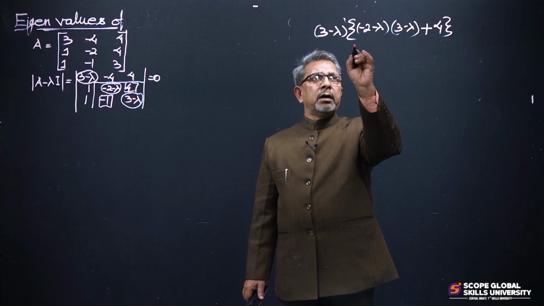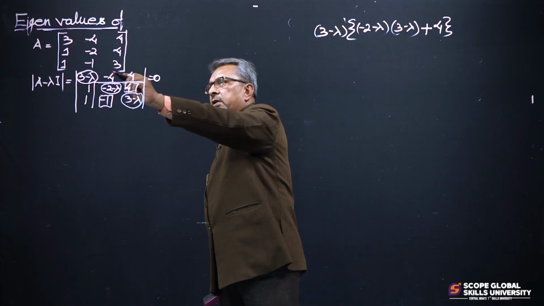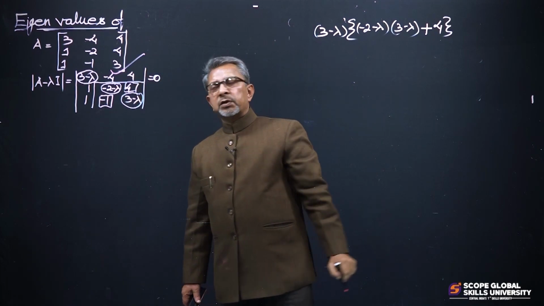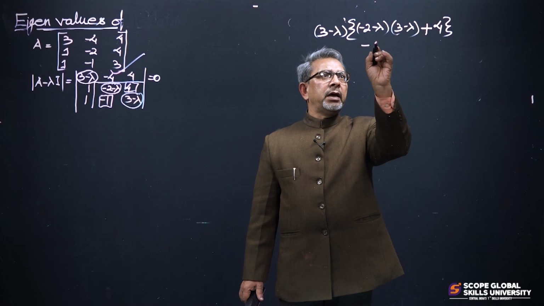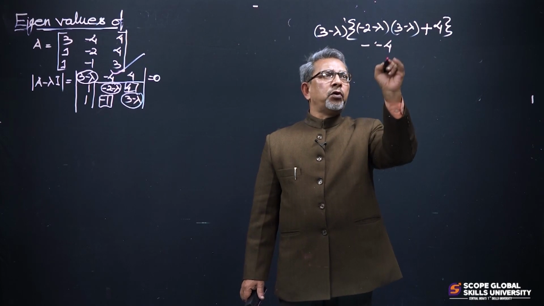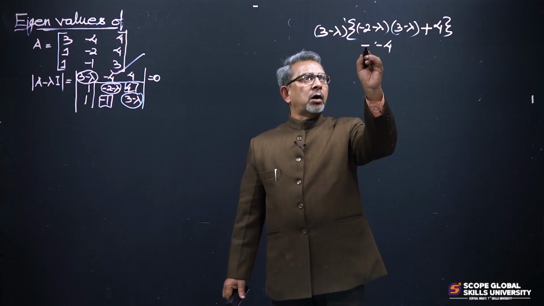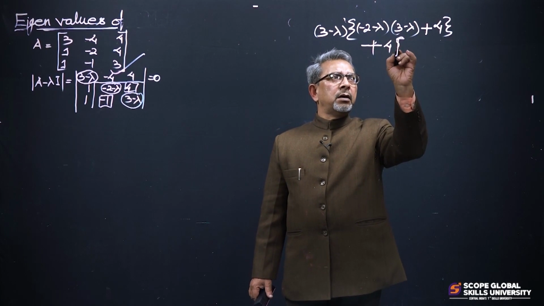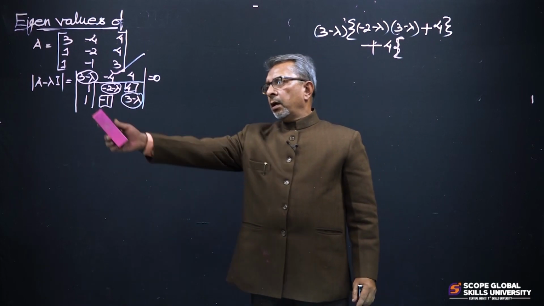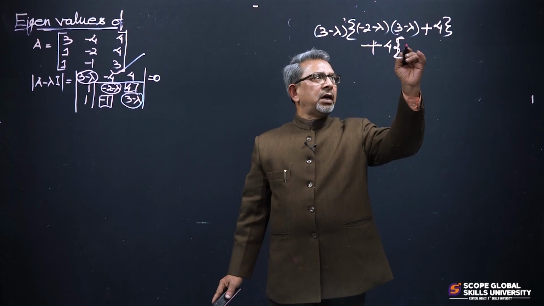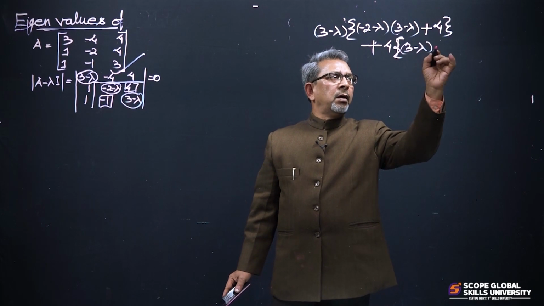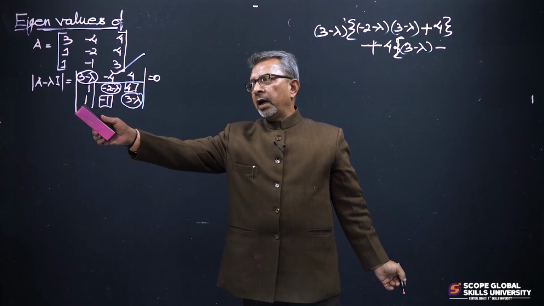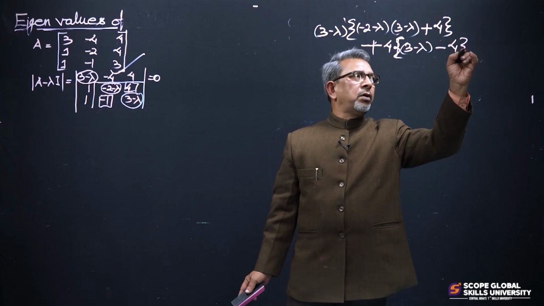Then, for the second element, that means the element minus 4, the minus becomes plus 4, and it is multiplied by 1 multiplied by 3 minus lambda minus 4 multiplied by 1, that is 4.